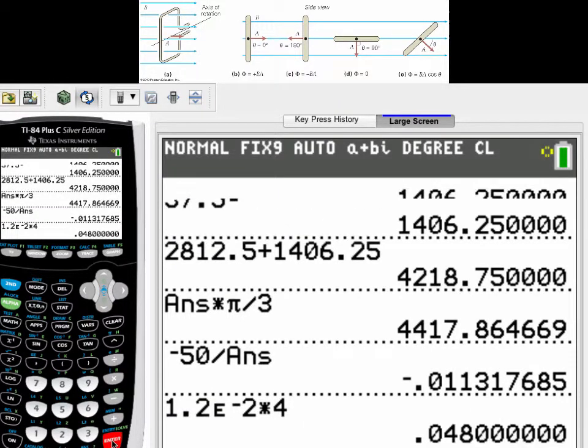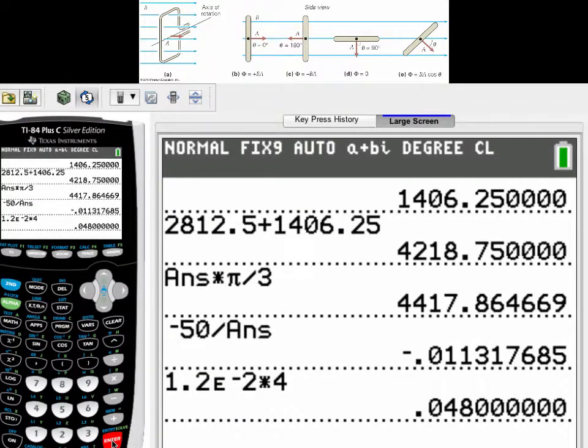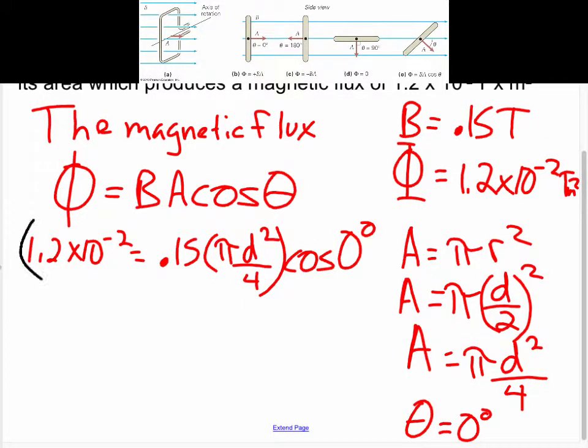I didn't need to do that, but I'm just showing you. That's 0.048. So if I multiply both sides by 4, then this will cancel. And I get 0.048.